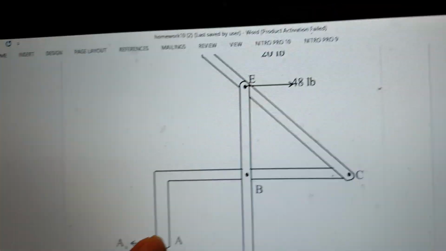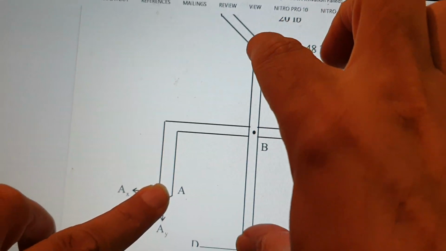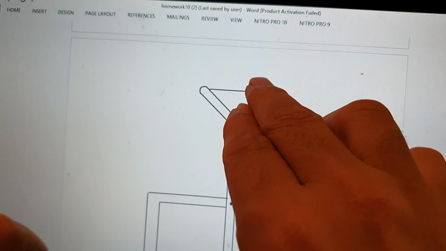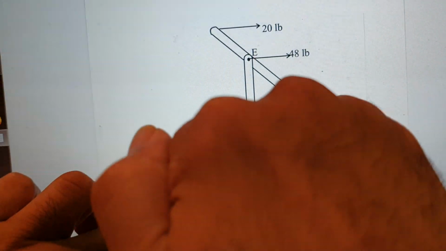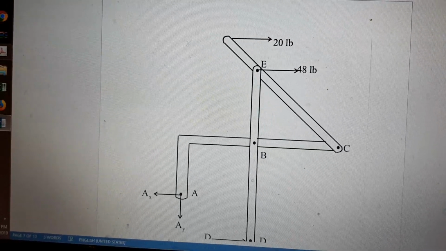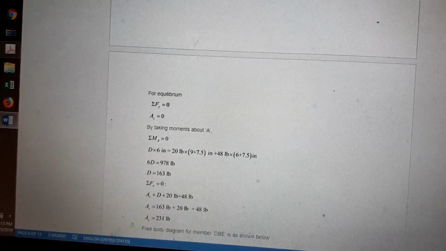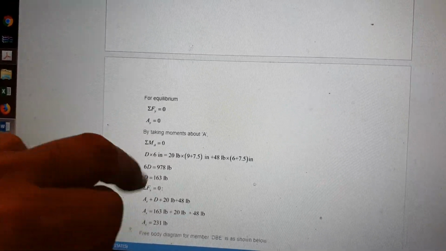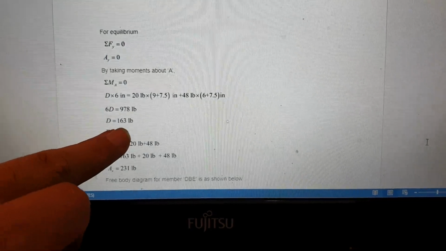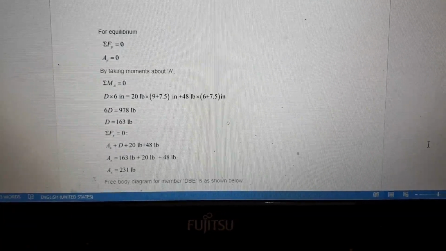This force will take it clockwise, and this is the perpendicular distance. And the force at the top, moment at A, it will make it clockwise, and this is the distance. So you can see this. If you want to do summation of moment at D, you could do the same thing. But with summation of moment at A, you could put all the things into the equation. You could get D is equal to 163 pounds.